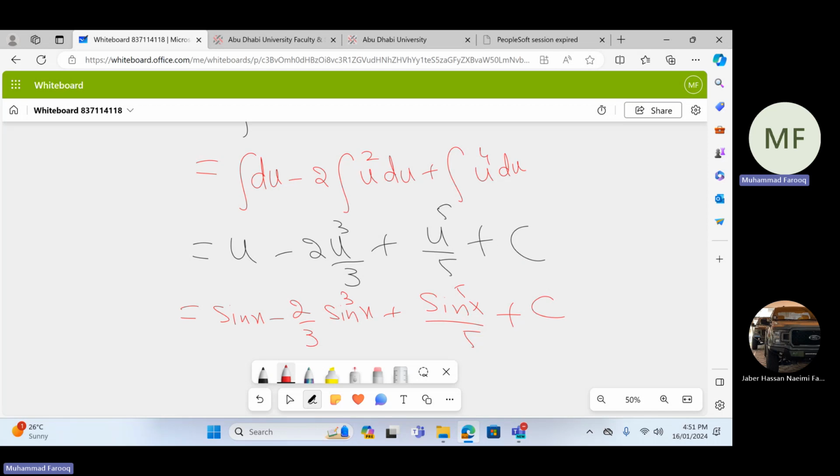What about sine power 4? No, it's even. We are learning if the power is odd. We have two cases: first, we are talking about odd power; for even power, it is really different.